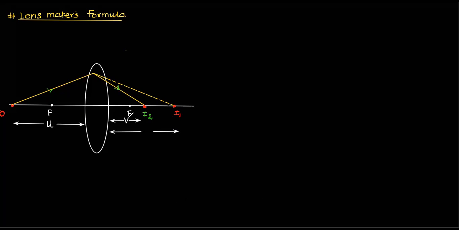Now for this surface you are having radius of curvature R1, and this one is having radius of curvature R2. So it is not equiconvex. This is biconvex because R1 is not equal to R2. Now this is medium 1, so its refractive index is mu1. And this is inside the lens, that is medium 2, so its refractive index is mu2.